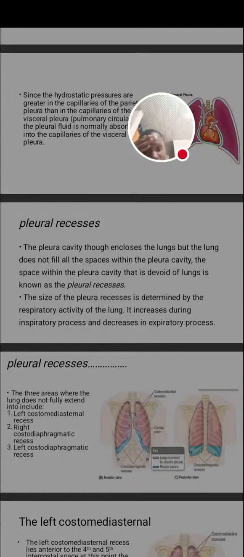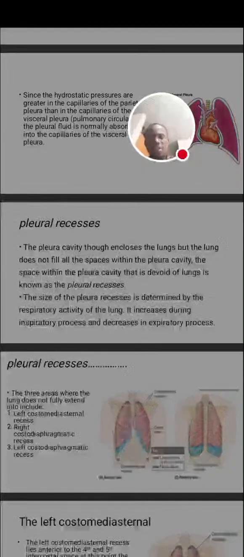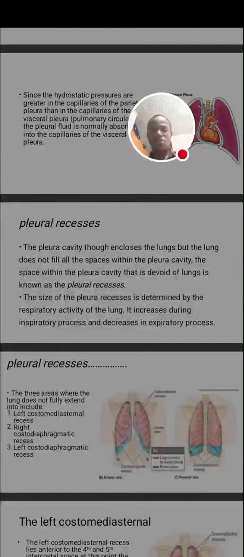Pleural recesses. Now, the 3 areas where the lung does not fully extend include the left costomediastinal recess, the right costodiaphragmatic recess, and the left costodiaphragmatic recess. So these are the places where the lung does not fully extend into.